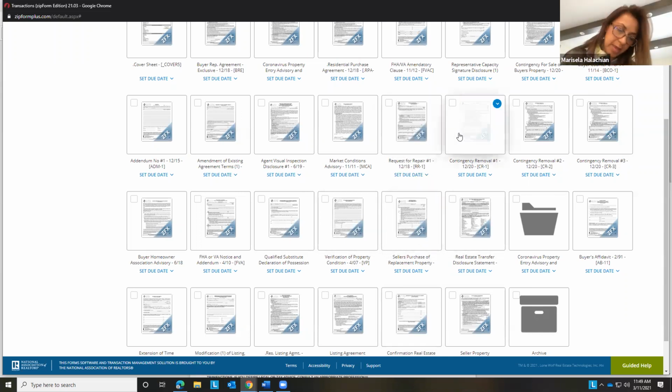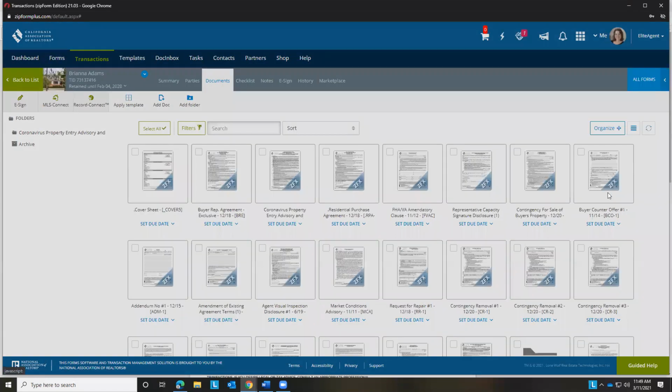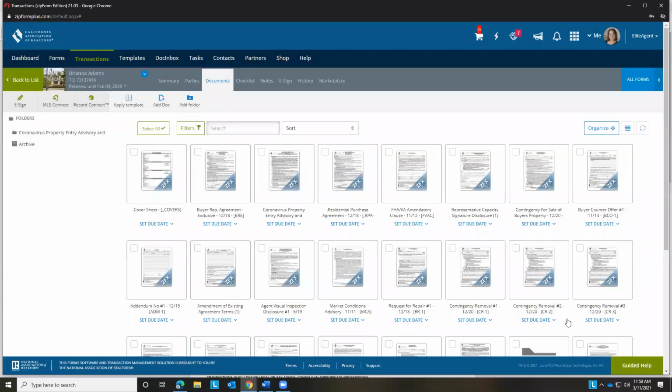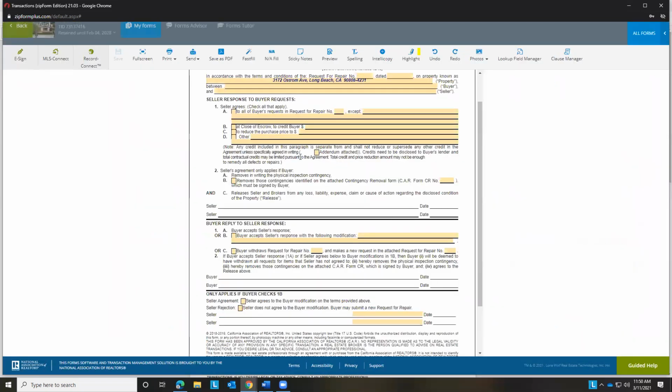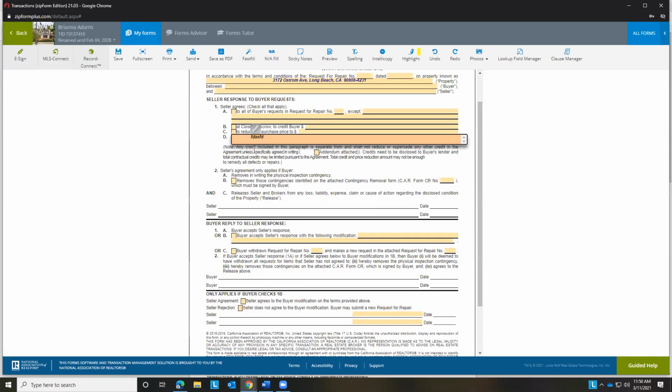It's also available on the seller response to request for repair, because that form has even fewer lines. If I check other and I type, push enter, it just keeps giving me more and more lines.